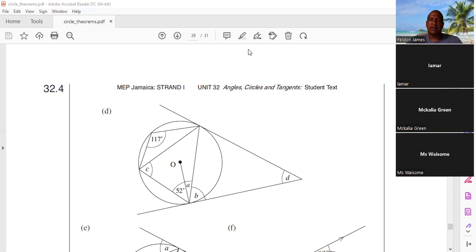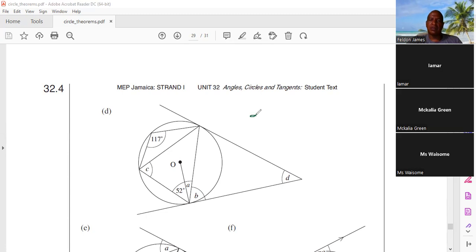We should be able to figure out what A is, because if we look at the quadrilateral, a cyclic quadrilateral, 117 plus 52 plus A would give you 180. So A would be what?